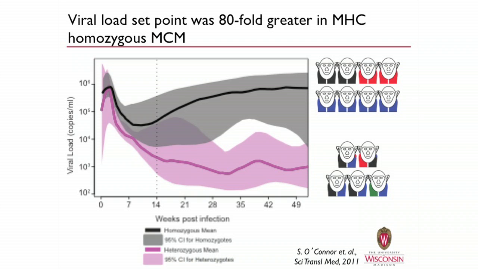What I'm showing you now is the viral loads for the different cohorts, and in the solid black line is the mean viral load for the homozygous group, and the shaded area is the 95% confidence interval. And in the dark pink line is the mean viral load for the heterozygous group, and the shaded area is the 95% confidence interval. And what you can see is that the homozygous group had a viral load set point that was about 80-fold greater than the heterozygous group.